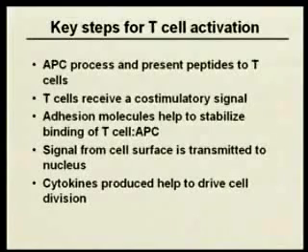Once this all happens, then the T cell will receive the signal. The signal will be transmitted to the nucleus, and then cytokines will be produced to help drive the cell division. And we'll also discuss some of the cytokines that are produced and their role in the immune response in the second lecture.